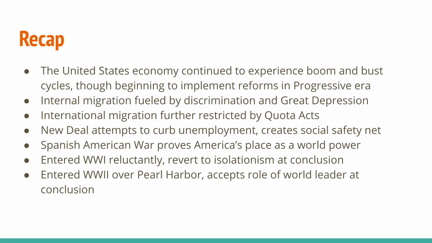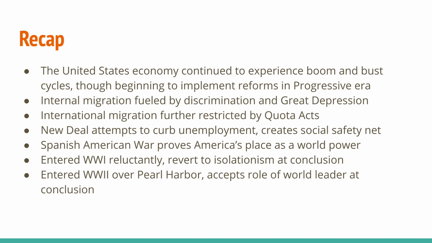And that was it. So here's our recap. The United States economy continued to experience boom and bust cycles though beginning to implement reforms in the progressive era. Internal migration was fueled by discrimination and the Great Depression. International migration was further restricted by the Quota Acts. The New Deal attempts to curb unemployment, creates a social safety net for Americans. The Spanish-American War proves America's place as a world power.